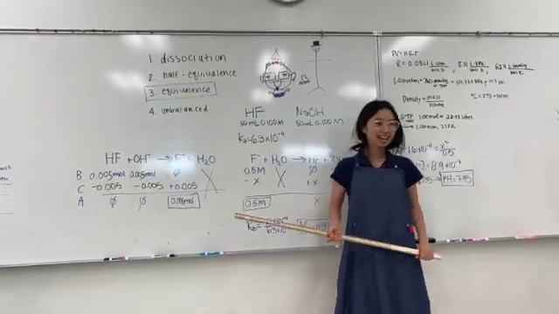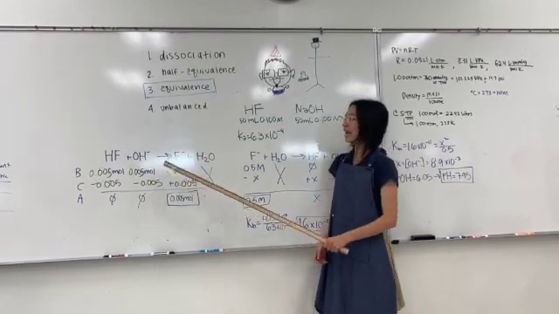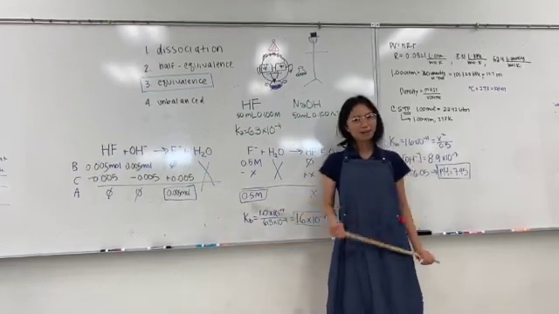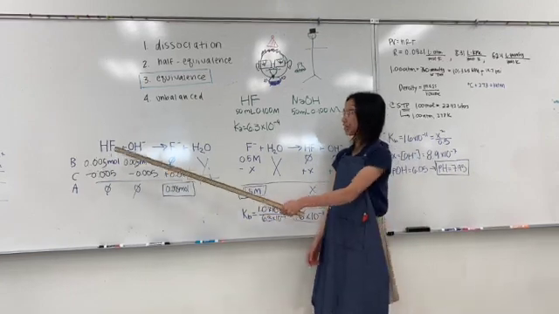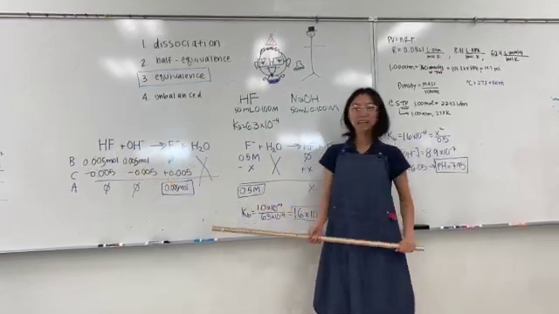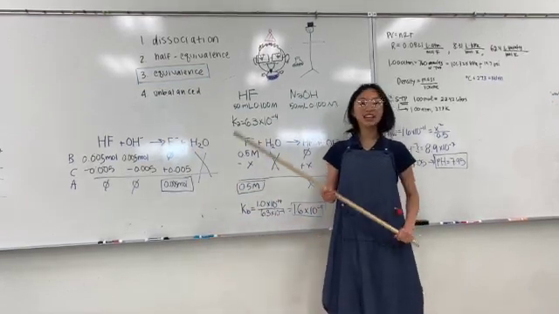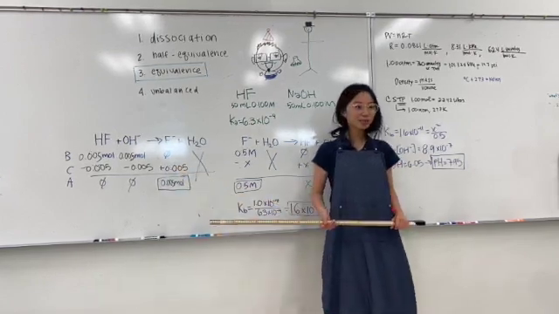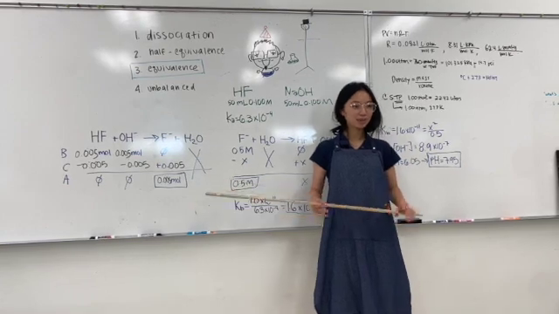Using dimensional analysis, we have 0.005 moles of HF and 0.005 moles of OH minus. Wow, this is really convenient because this means that all the HF and the OH minus will react because they are at a 1-to-1 ratio in the equation. This is what's called the equivalence point. Using a BCA table, we get 0.005 moles of F minus and some water.